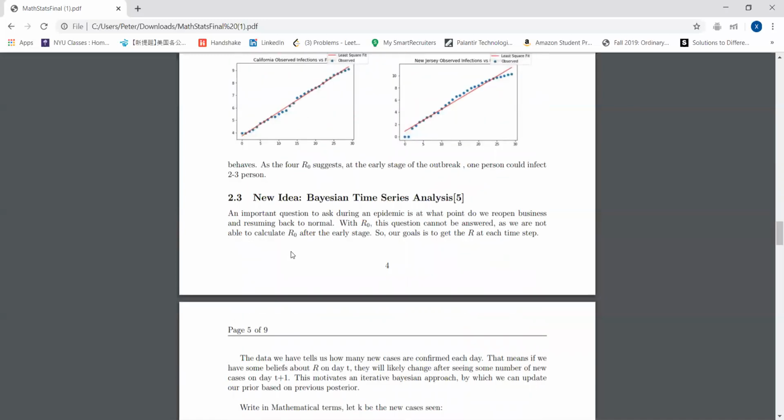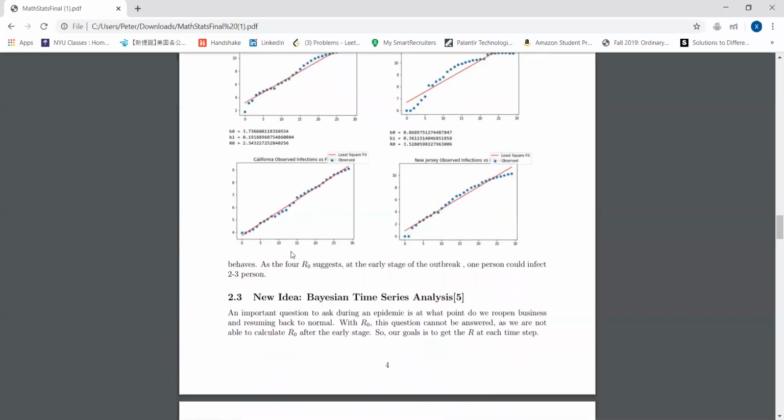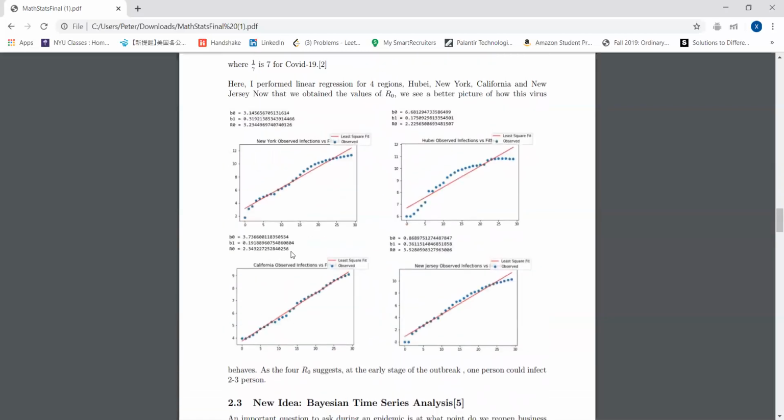The R naught that we calculated in this section is just one number, right? It tells you how many cases can emerge from one case of infection in your population.